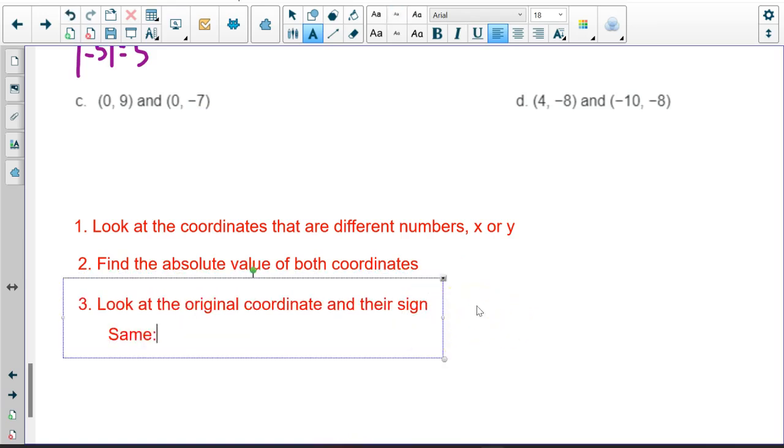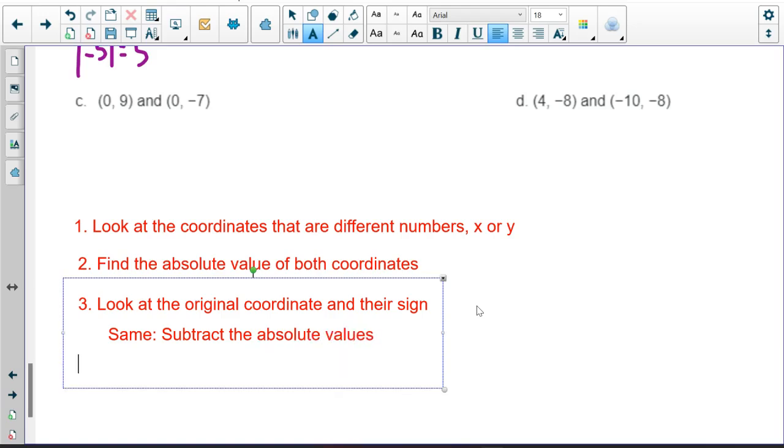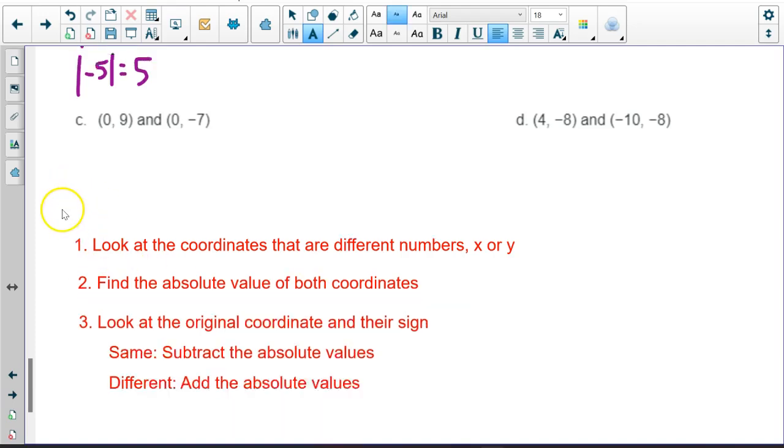If they are the same, we are going to subtract the absolute values. And if they are different, we are going to add the absolute values. And that'll make more sense hopefully when we finish this example here.